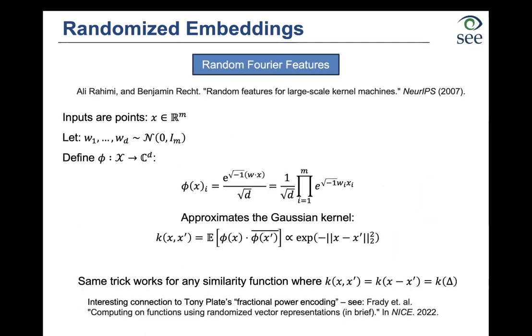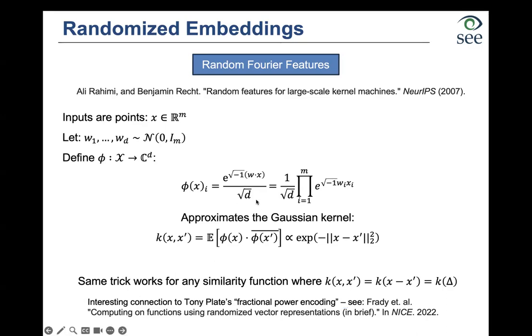So that method preserves angular distances, and we can extend it to preserve a more diverse type of distances between data using this technique called random Fourier features. The basic idea here is that now we have points that are just arbitrary m-dimensional vectors, and we sample these weight vectors, not from the uniform distribution over the sphere, but from the m-dimensional isotropic Gaussian distribution.